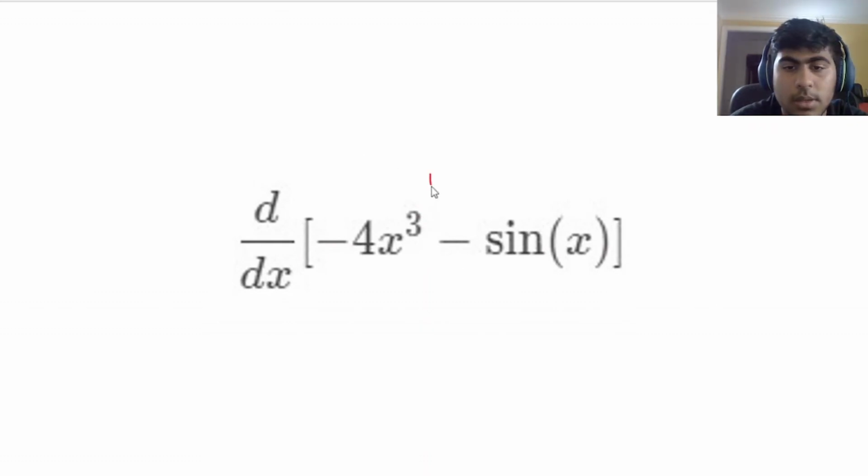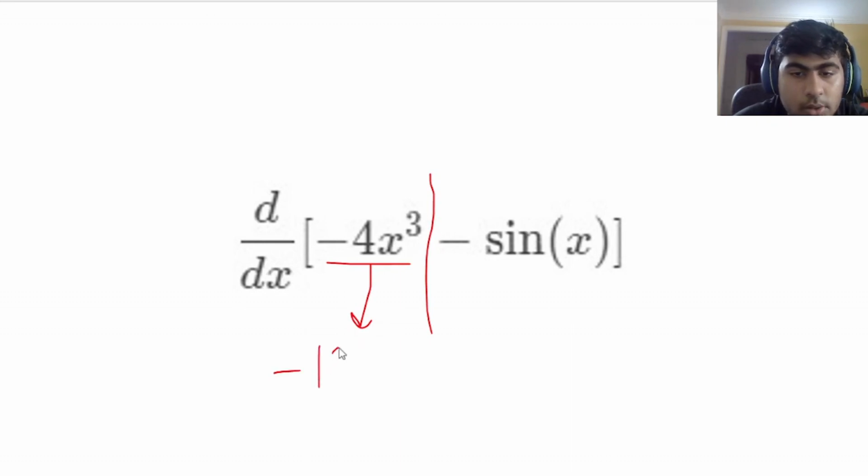Let's split it right here in between these two, and the derivative of minus 4x cubed is going to be minus 12x squared. Minus sine x is going to give you minus cos x. Remember, sine x gives cos x, but cos x gives negative sine x.